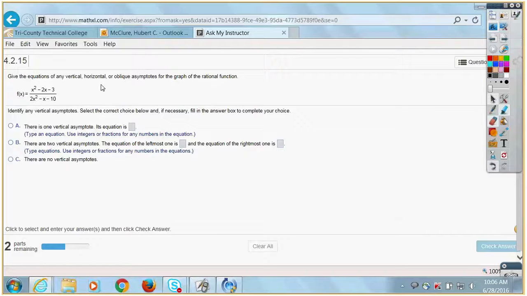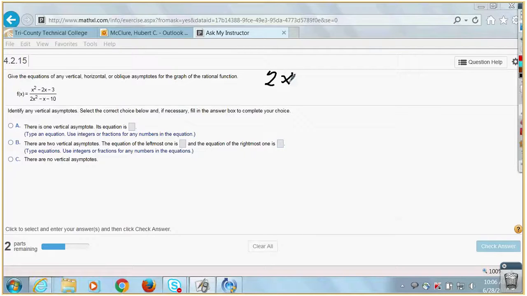So you've got to set the denominator equal to 0. So that's going to be 2x squared minus x minus 10 is equal to 0.